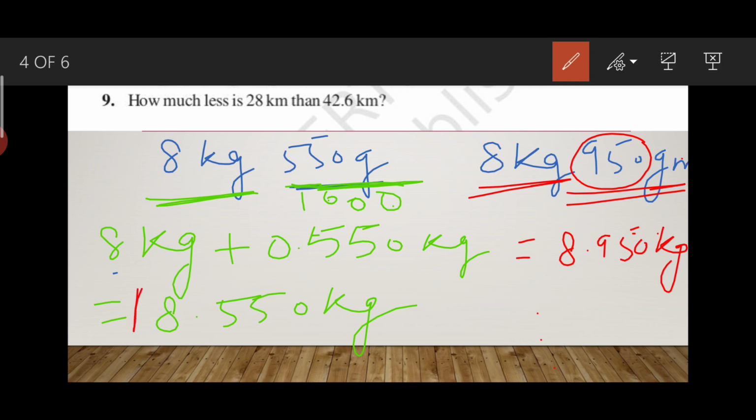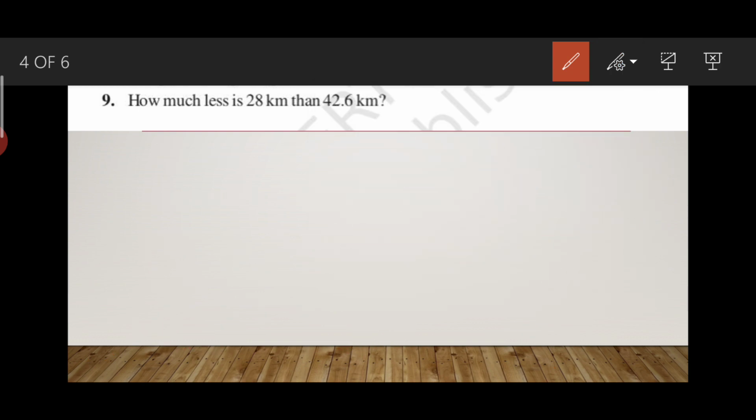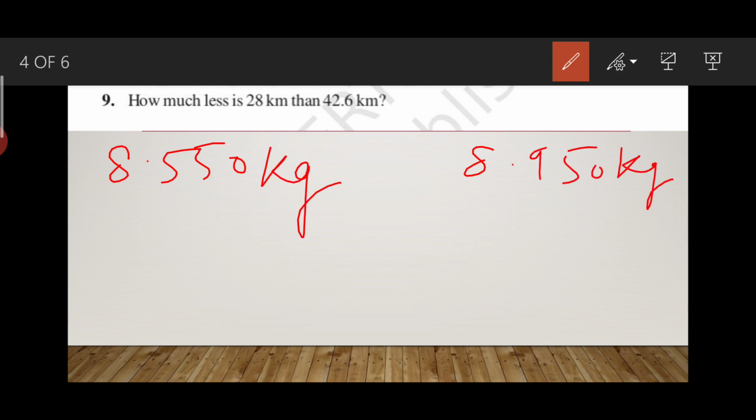Shama is having this much weight and Sarla is having this much weight. So you have to now compare both these weights. First case is 8.550 and 8.950 kg. How will you compare both these values? I have told you how to compare two decimals.